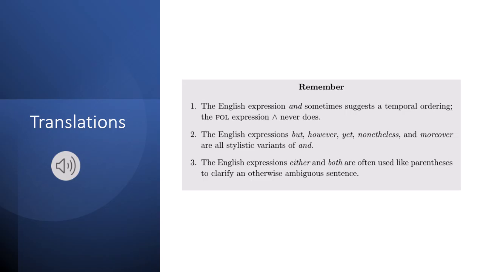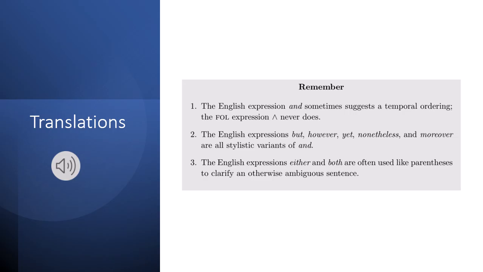There are a lot of ways in English that we have to basically make a conjunction. And some common ones are but, however, yet, nonetheless, and moreover. They're all stylistic variants of the conjunction, the word and. However, they're not necessarily truth functional connectives, so to speak, because they sometimes convey more information.